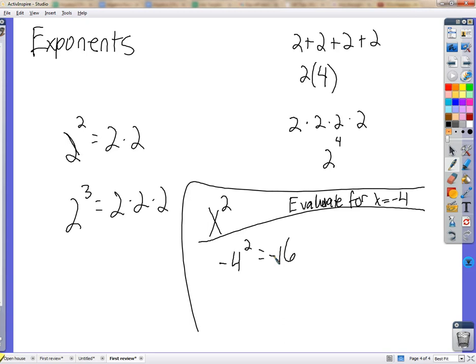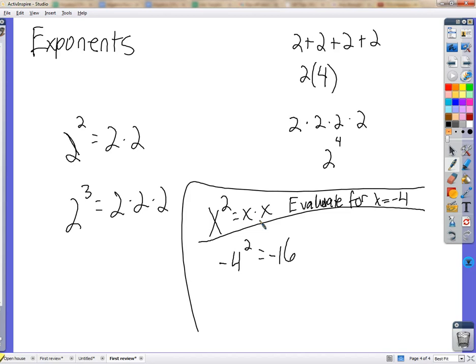Because this means x times x, right? And what is x? It's -4. So I should get -4 times another -4. Right? So the problem is, according to how we've agreed to write things down in math, I've not told you that I want a -4 times another -4.